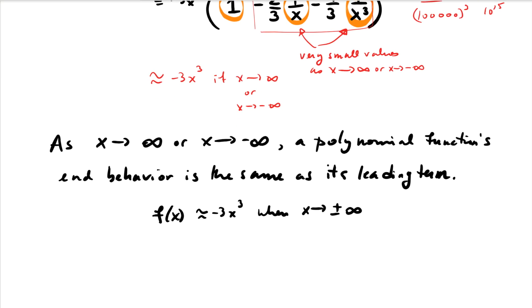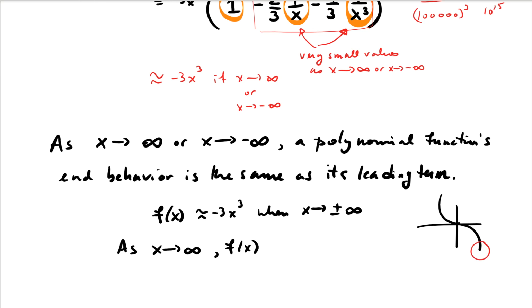So that means that as x tends to infinity, f of x is going to have the same behavior as minus 3x cubed. Now, x cubed looks like this. Minus 3x cubed, you have to flip the graph around like that. So that's the long-term behavior of my leading term. So I just need to look at what happens if x is large and negative.